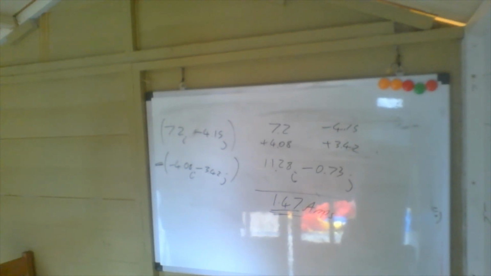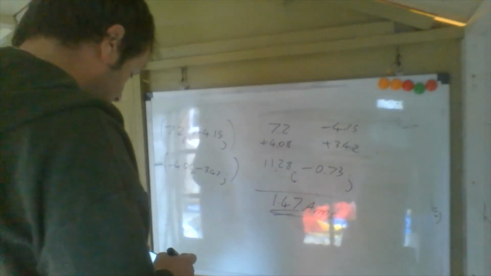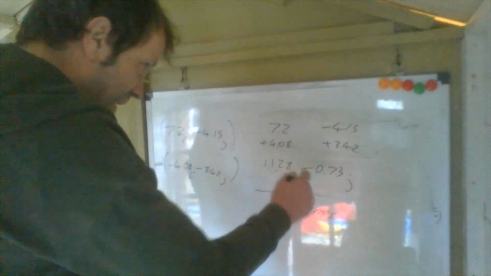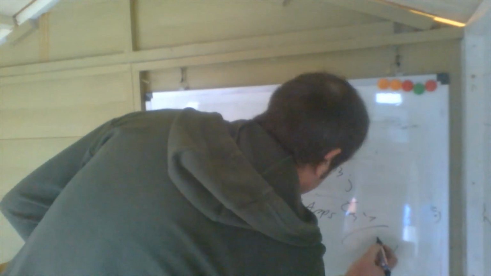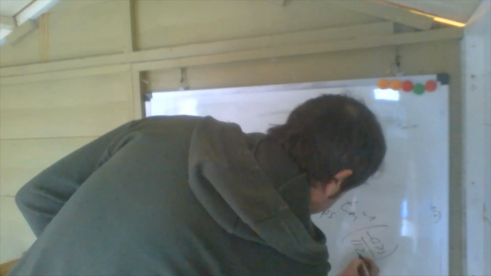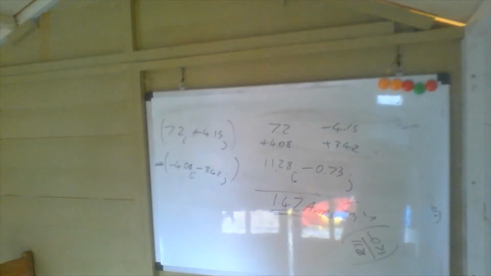That was line 1, I think, wasn't it? Yeah, that was line 1. And the angle was just tan inverse of minus 0.73 over 11.28. That's a shallow angle.